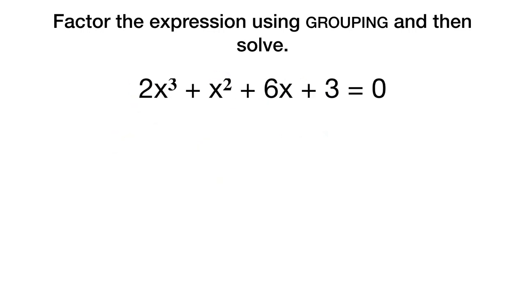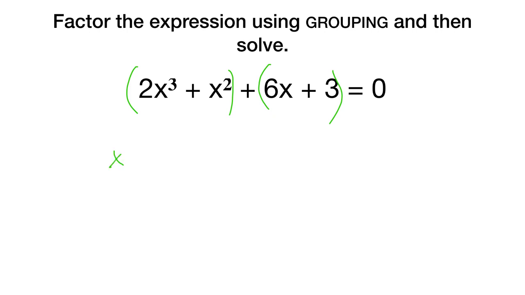Let's try another. So let's do it again. Yay! So 2x cubed and x squared, that would be a 2x squared times, in this case, sorry, not 2x squared, it's just x squared.